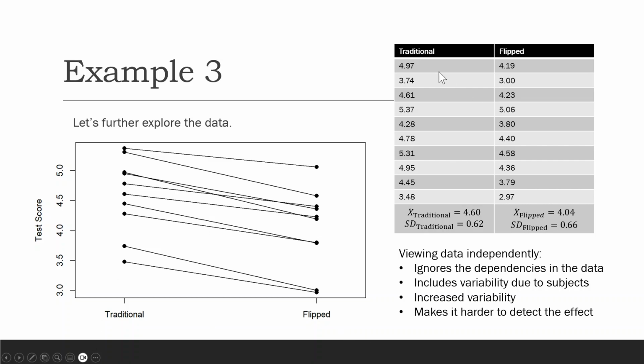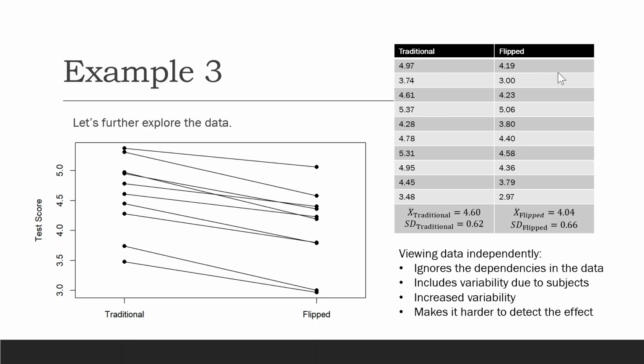And if I look in my chart here of my data, we can see that all of the flipped number of hours completed are smaller or less than the number for the traditional classroom. That actually provides evidence that the flipped classroom instructional method is related or associated to the amount of time students spend studying. Now I'm saying related and not impact.